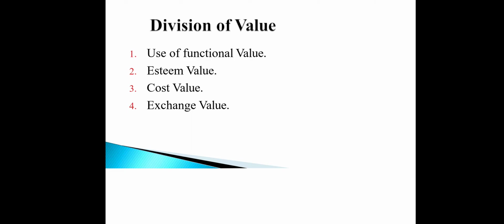Next is cost value, the sum of labor, material and various other costs required to produce it. Exchange value is a property or quality which enables us to exchange it for something else we want. Cost value is also known as the operating cost required to develop a product.